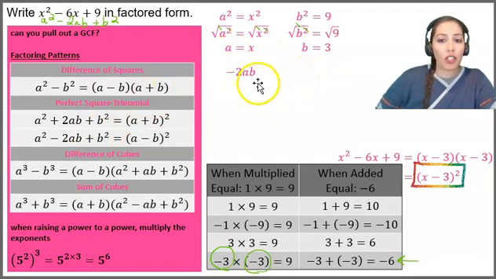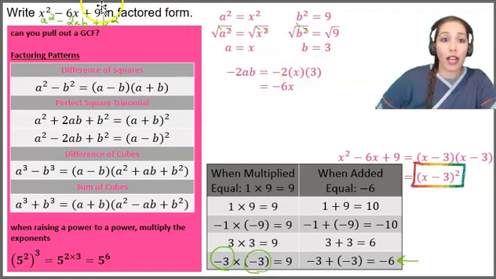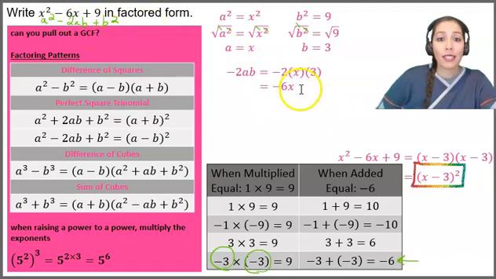So if I have negative 2ab, that would be negative 2 times a, which we determined as x, times b, which is equal to 3, and that ends up equaling negative 6x. And we did this just to verify, notice that negative 2ab is negative 6x. So it does look like I do have a perfect square trinomial. So from here, I'm going to go ahead and just rewrite this equation right here.